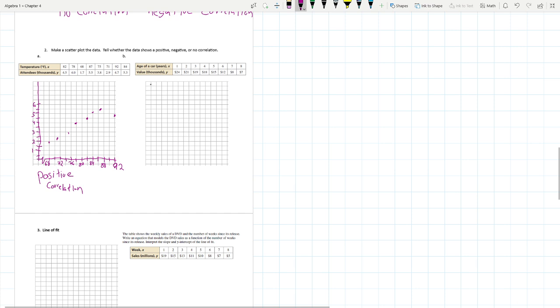All right. Now let's do another one. Let's do one also kind of real world. Again, I like to make my graphs as big as I can. My Y value is value in thousands of dollars, and my biggest is 24, my lowest is 7, so I'm going to go by 2s.